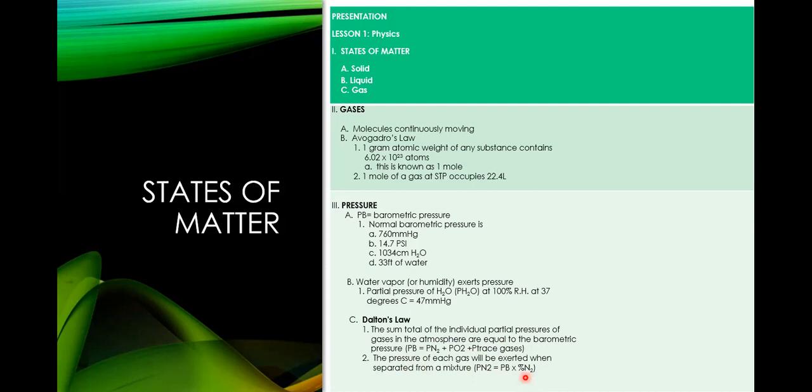So 760 times 0.78 gave us a pressure of nitrogen of 500 and something. About 593 millimeters of mercury is the pressure of N2, which is nitrogen.